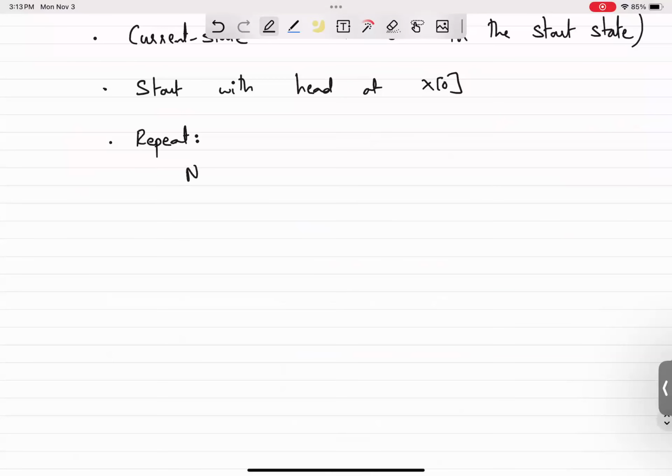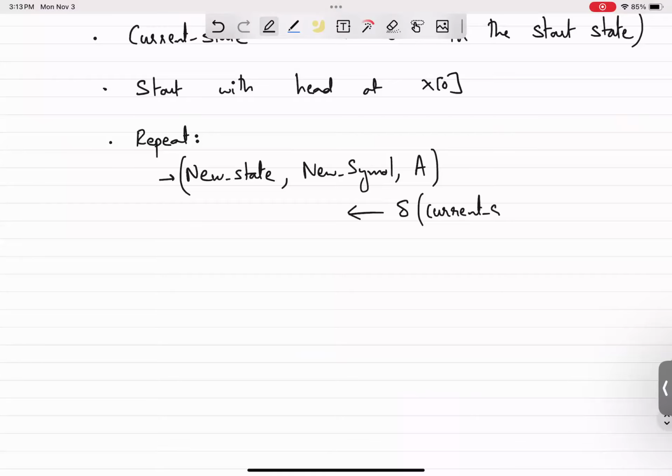Okay, I look up the new state, new symbol, comma direction or action from the table. All right, so to describe it, it's really backwards, but that's fine.